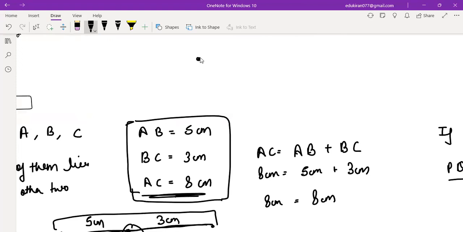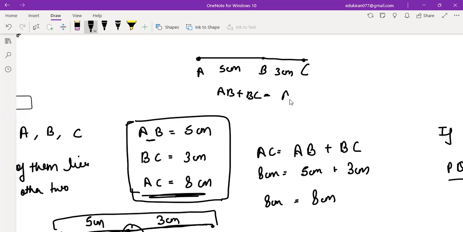Okay. So over here, A and this is C. So the length is, just measure it. And now AB. B is in between, right? So let's just take it here. AB is 5 centimeter. BC is 3 centimeter. When you add AB plus BC, it will give you AC.